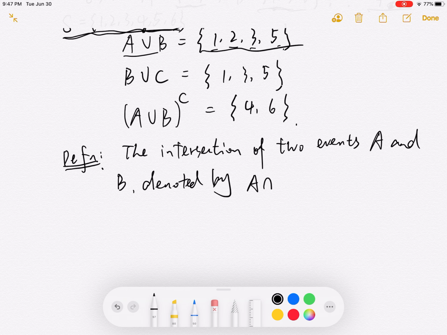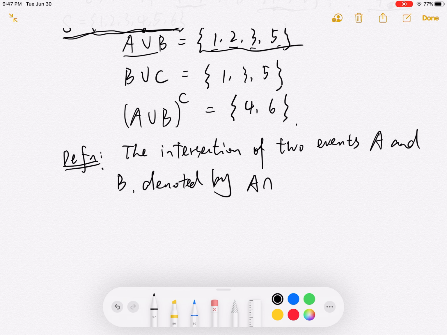And then event B could be, let's say, the tail. Since B is a subset of the sample space, B is an event. And then let's say C is head and tail. Even though C is equal to S, C is a subset of S as well, so C is an event which contains both head and tail.